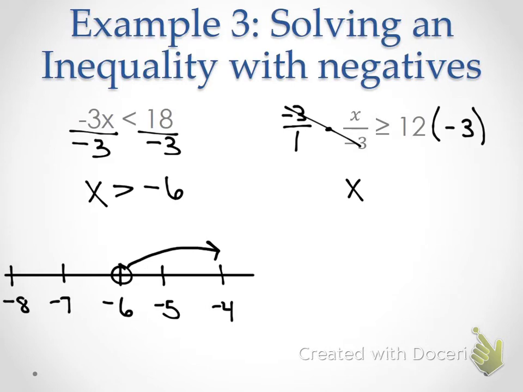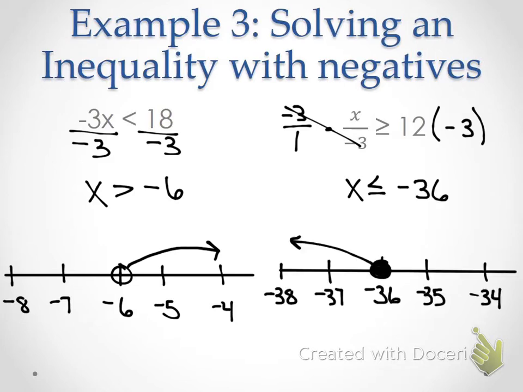Is it going to be greater than or equal to, or less than or equal to? What happens to my inequality? I had to multiply by a negative. Anybody remember what I just said? I got to flip it. Instead of greater than, now it's less than or equal to negative 36. Closed dot, and it's going left.